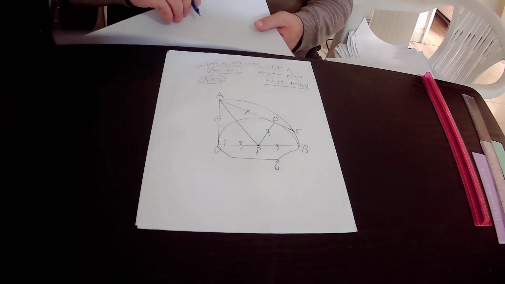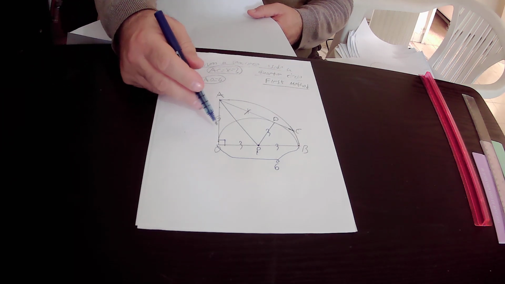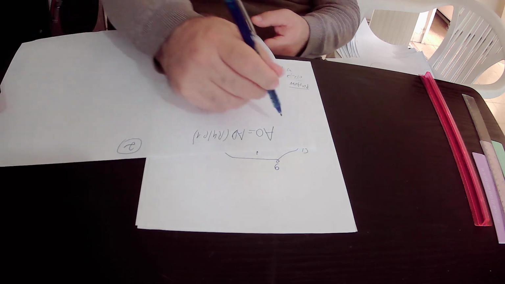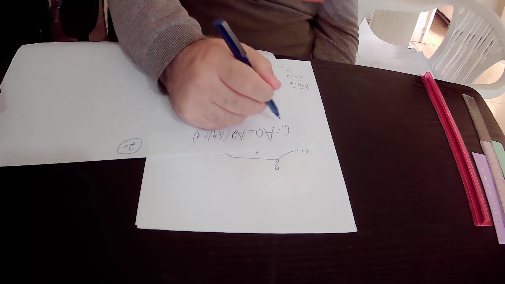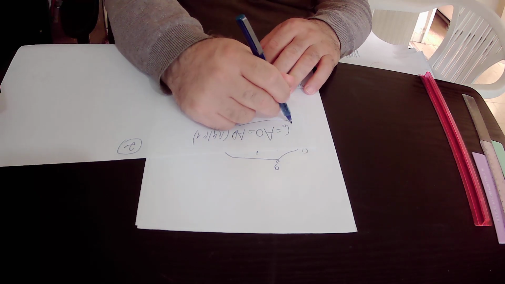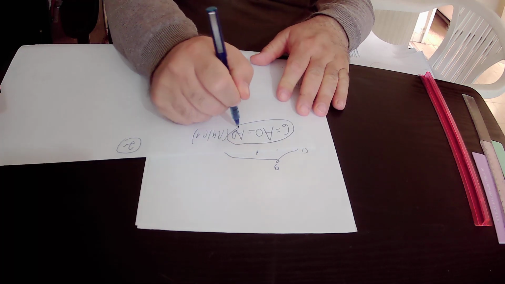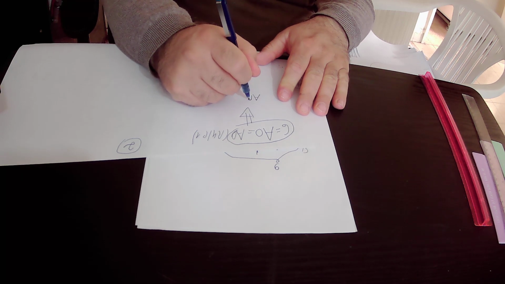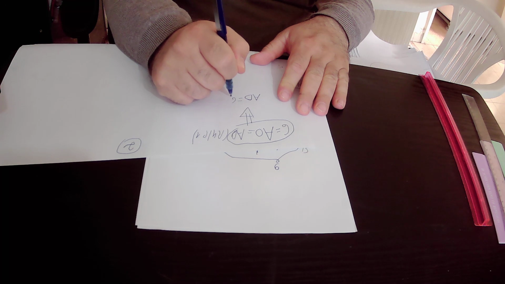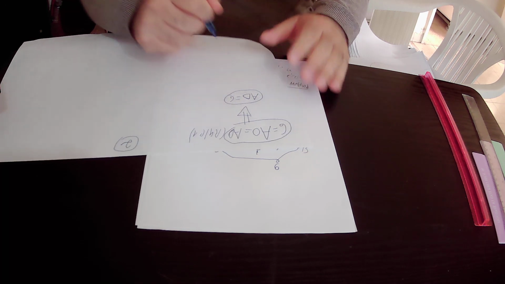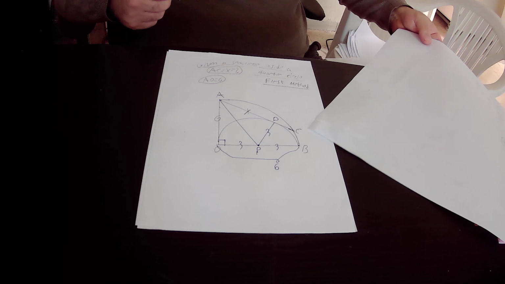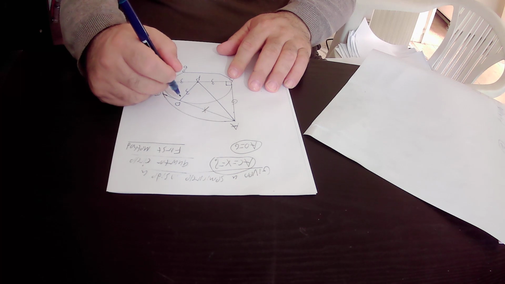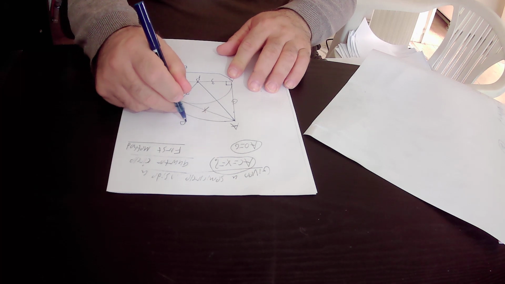But according to what is given in the question, AO equals 6 units. So I can write here that AO equals 6 units. And from this equation, 6 equals AO equals AD, we derive that AD is also equal to 6 units. So I can write here that line segment AD equals 6 units.